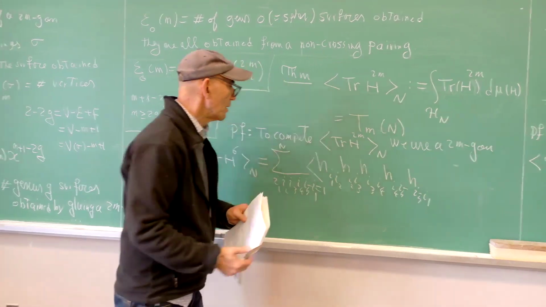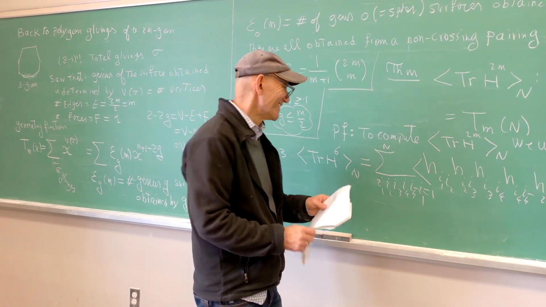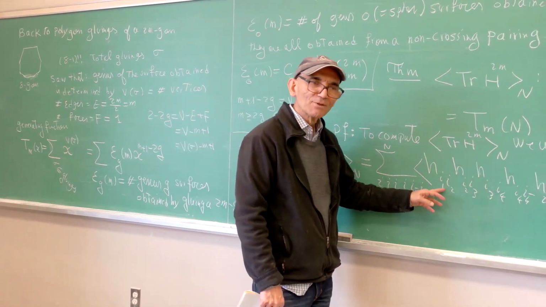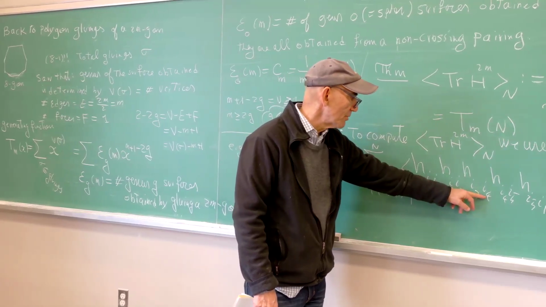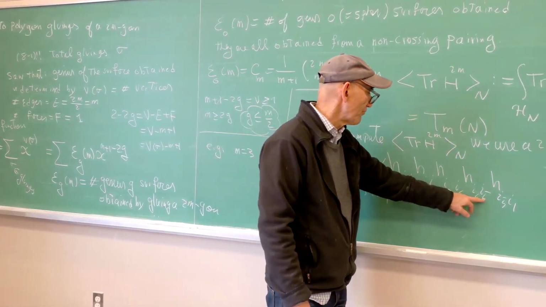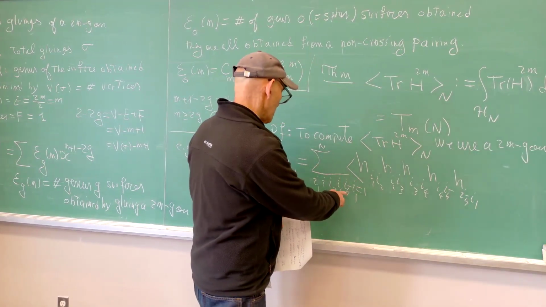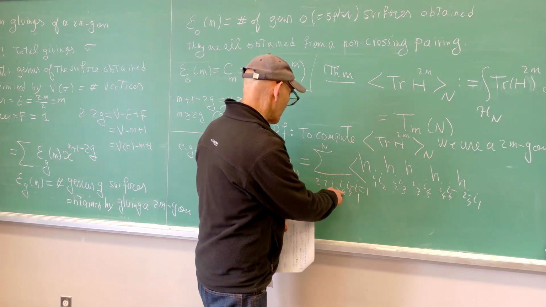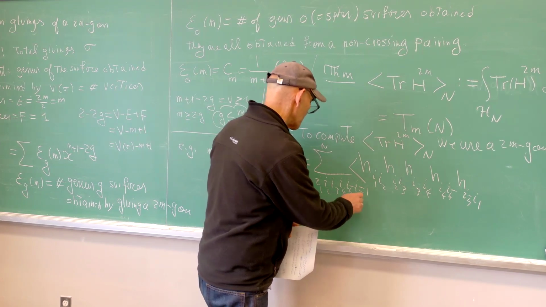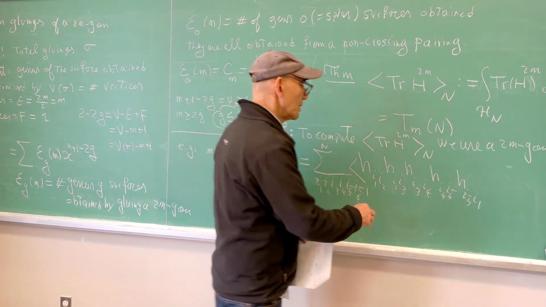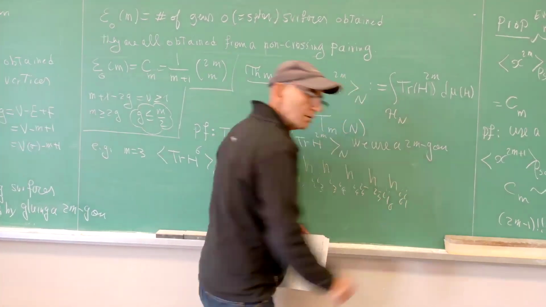But I'm missing one still. What happened? I made a mistake here: it should be i5 i6, and then H i6 i1.